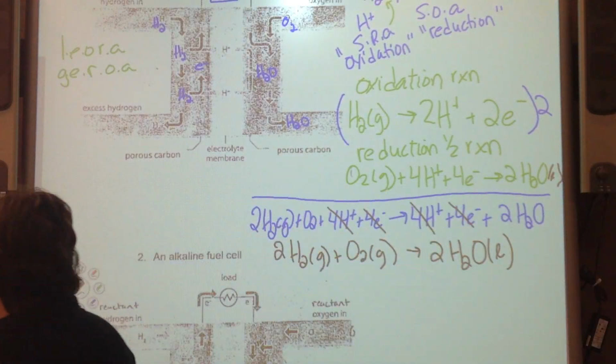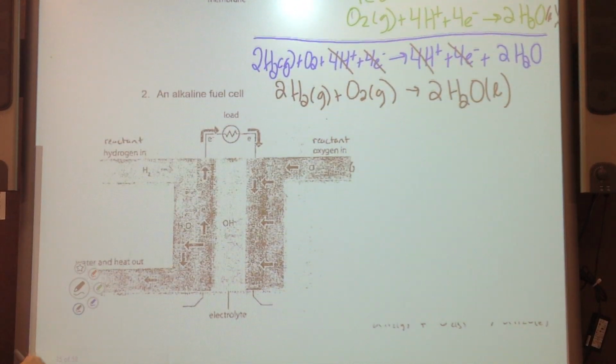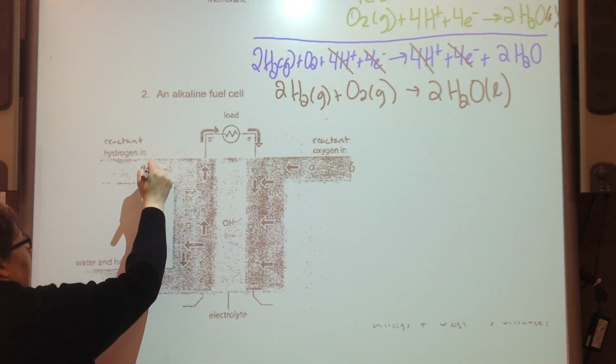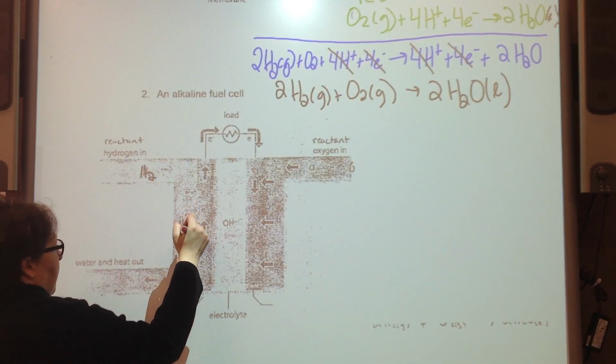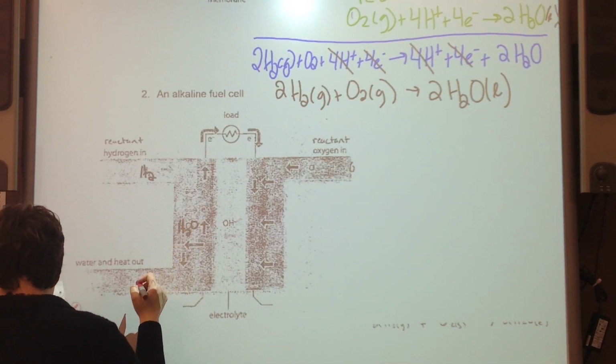So now we're going to look at an alkaline cell. Alkaline meaning acidic or basic? Basic. Okay, so again we have hydrogen on this side, but we see that we have water now over here.